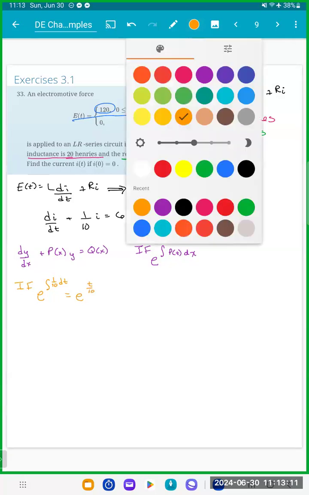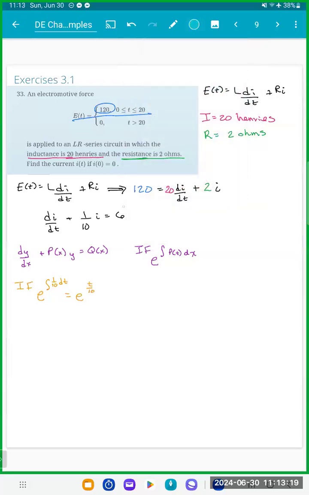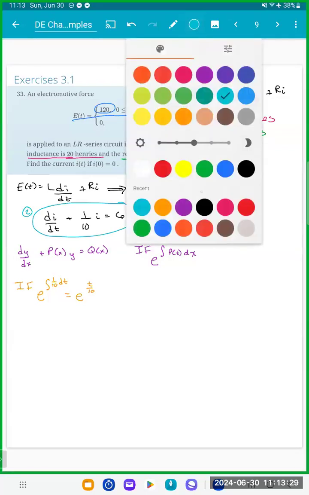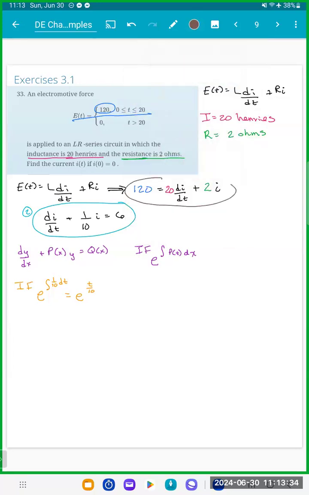Okay, we want to multiply our, let's call this equation number 2, and we'll call this one equation number 1.